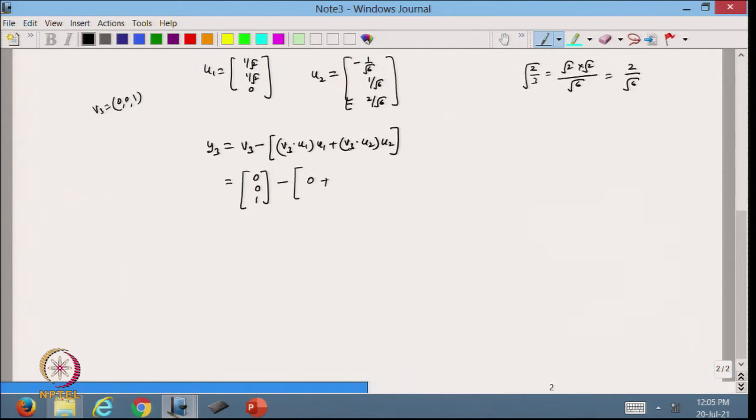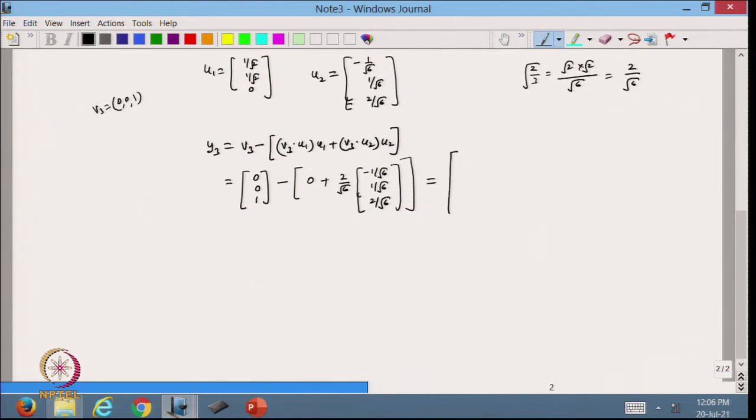So, taking the dot product, it will be 2 by root 6 into my u2. So, I am taking the dot product, so it is just 2 by root 6, and then it is again the whole vector, that is minus 1 by root 6, 1 by root 6 and 2 by root 6. This is what I got.